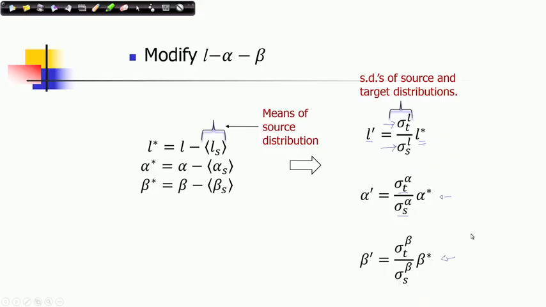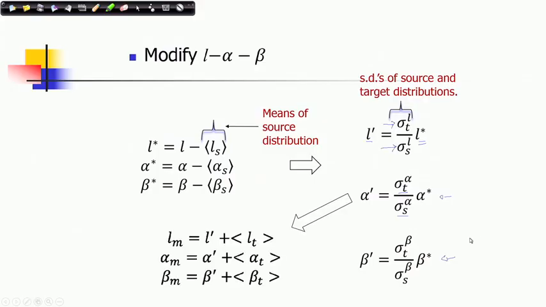So, once you have performed this, then you also have to add the mean of the target distribution's components, which means for the luminance component, alpha component and beta component.